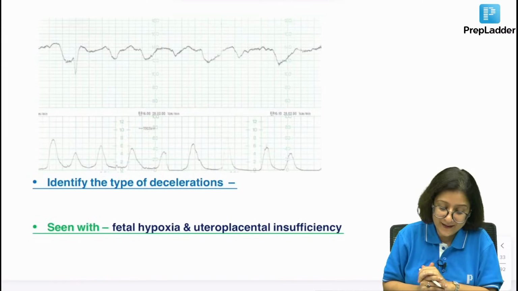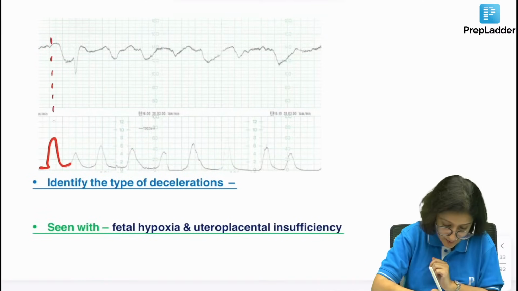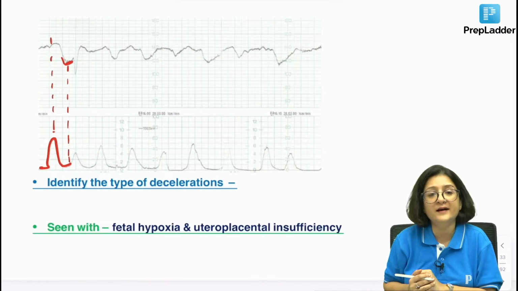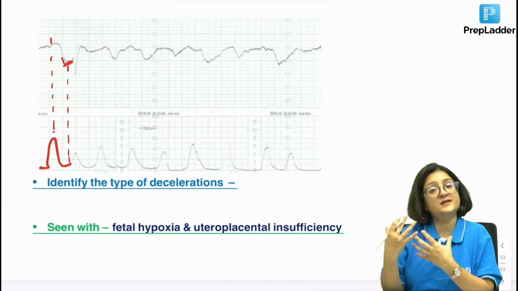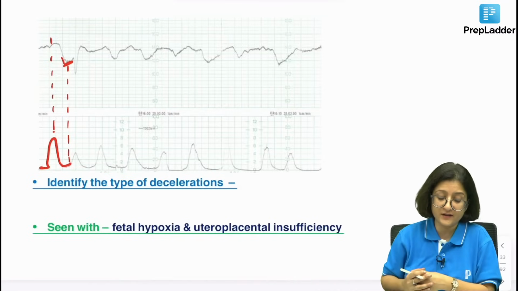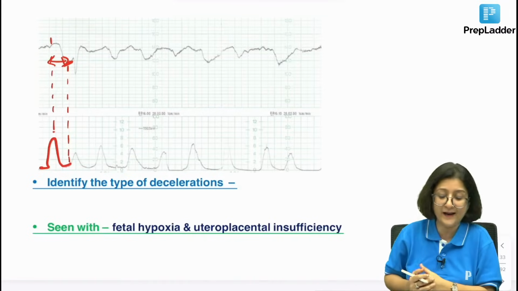Next image, identify the type of deceleration. Can you see here? This is the contraction and look at this deceleration. Can you see the drop in fetal heart rate? The lowest point in fetal heart rate came when the contraction is actually over, or when the contraction is trying to get over. So it is delayed. There is a delay in deceleration.